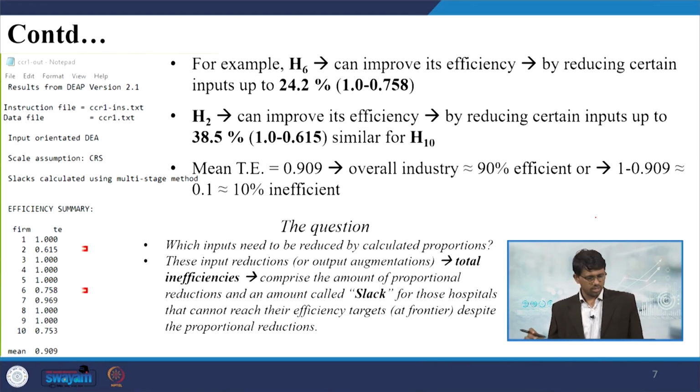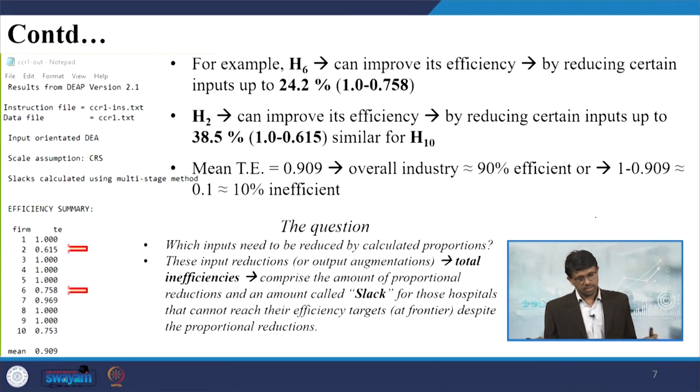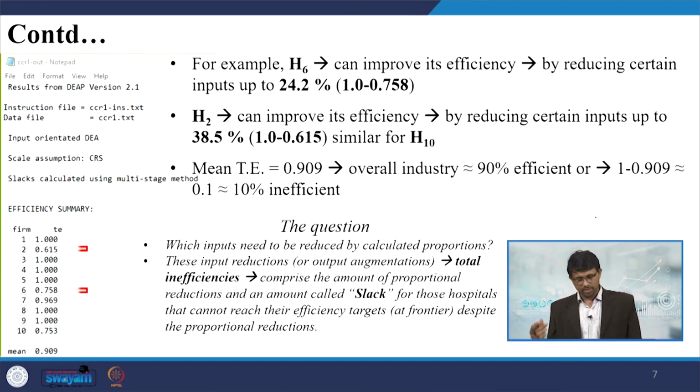And similarly, you can also explain for H10, okay, since they are the inefficient firms. Here the total efficiency mean score is actually 0.909. This is also called the whole industry, overall 10 hospitals efficiency, that means they are 90% efficient. So, 10% inefficiency is still there, that can also be improved by individual level improvement.